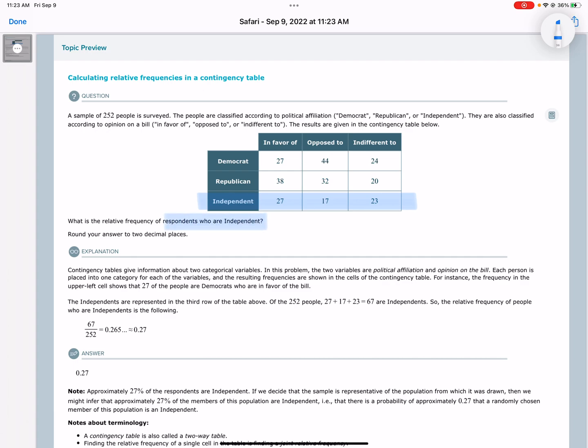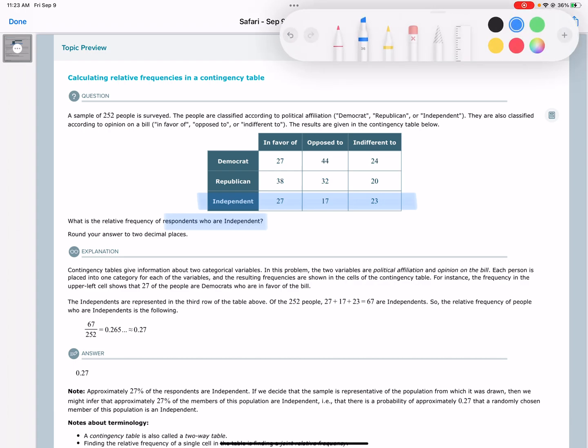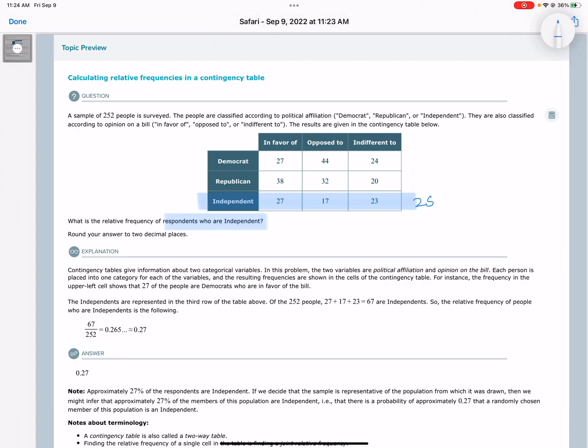So first I have to add that up, 27 plus 17 plus 23. So the relative frequency is just each one of them, 27 people here, and I say, okay, of the 250 people here, I have 27, 17, 252, where'd I get that from? I don't know. 67, I'm sorry.